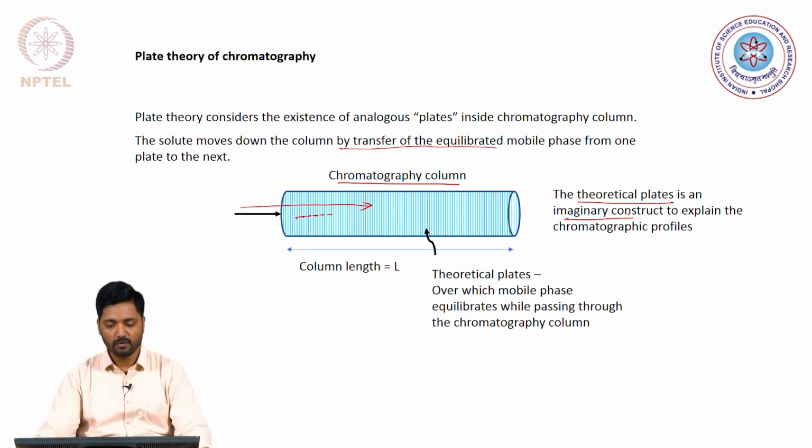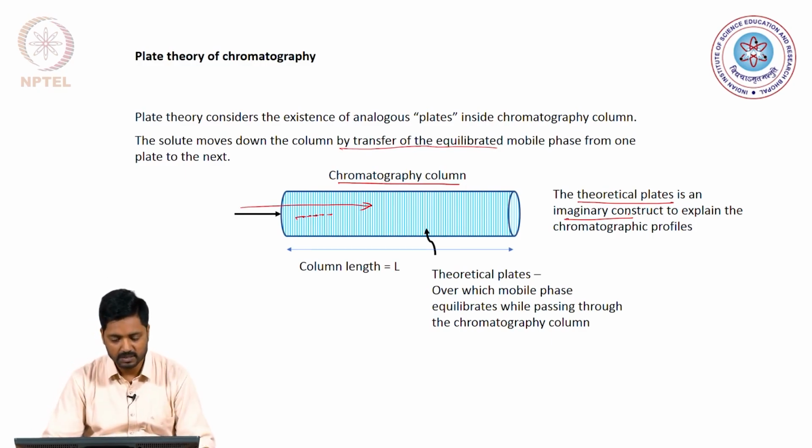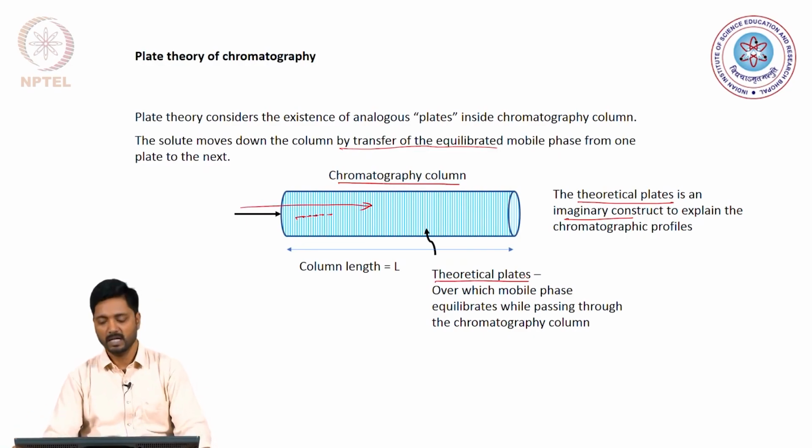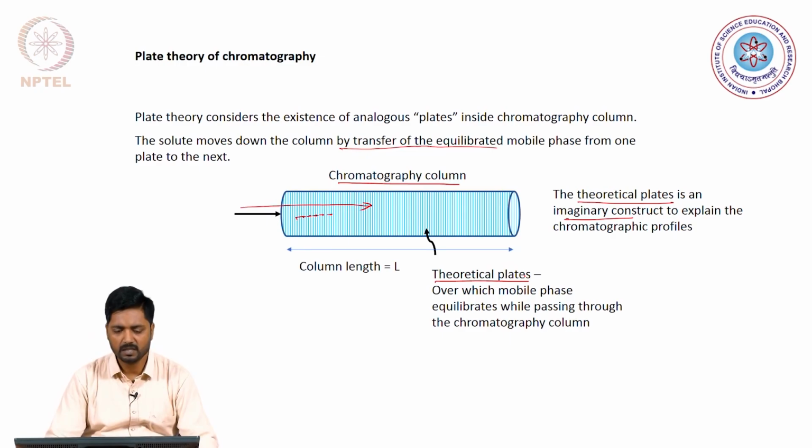Now, I have already explained to you that in the theoretical plates the equilibration of the mobile phase happens as it passes through the chromatography column. So, what do we understand by this plate and what can we derive from it?